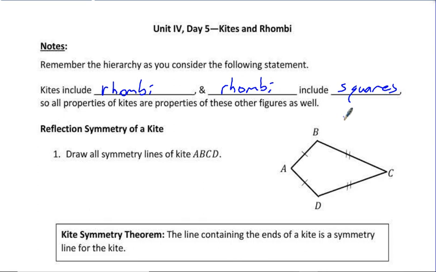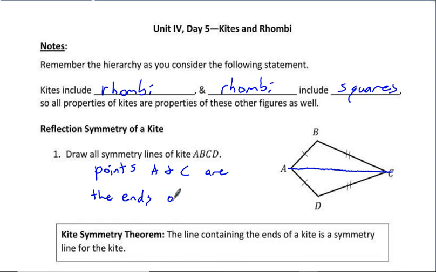The reflection symmetry of a kite is what we want to discuss now. So of all symmetry lines of this kite, there is only one, and it goes through points A and C. And we call those points the ends of the kite.